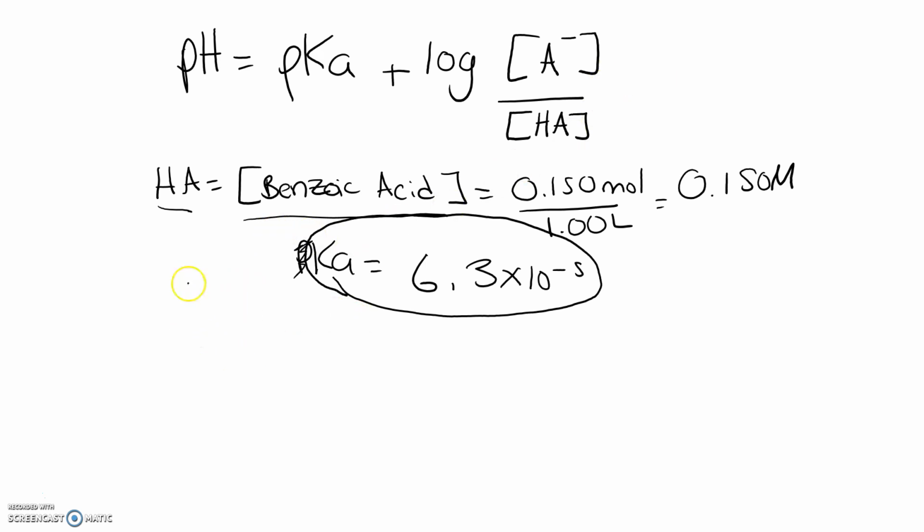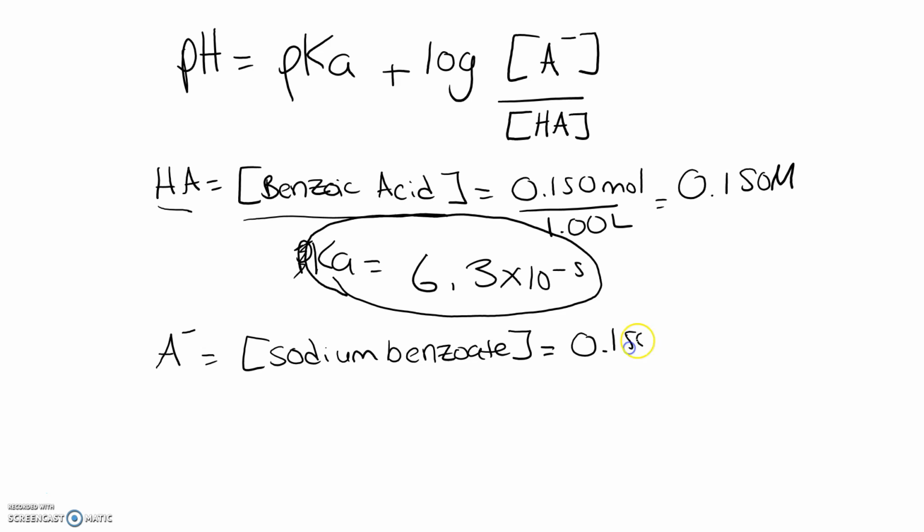However, compared to the amount of sodium benzoate which I'm adding, which is the A- in this case, the concentration of sodium benzoate is also 0.150 moles in 1.00 liters, or 0.150 molar.